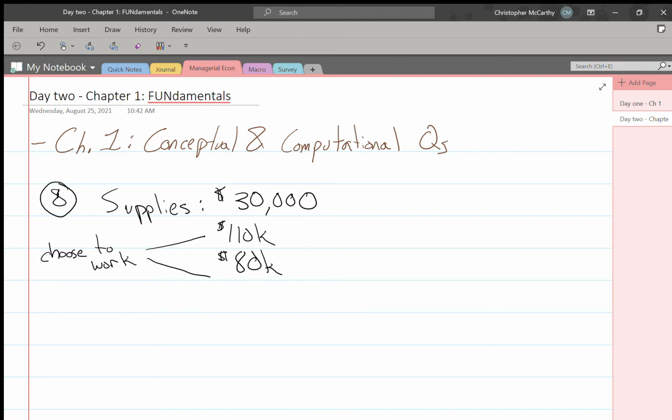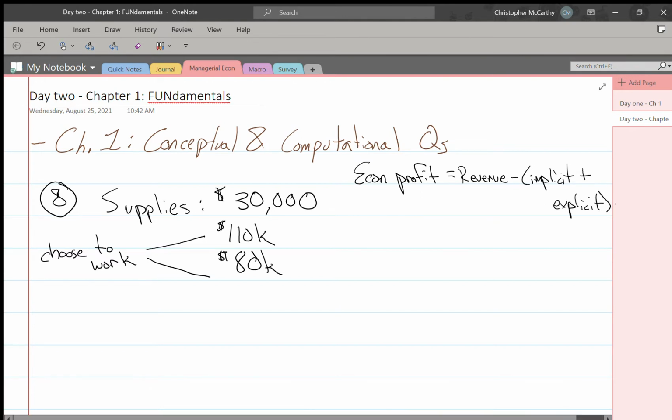So what are these amounts? The implicit cost, the opportunity cost. And do we sum them up? Do we add them together to get the total implicit or opportunity cost? With the explicit plus implicit equals opportunity, right? Correct. So when we talk about the economic profit, it's going to be equal to the revenue minus the implicit plus the explicit, where explicit we're using here to be things that we have actually paid.